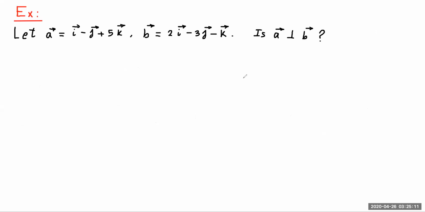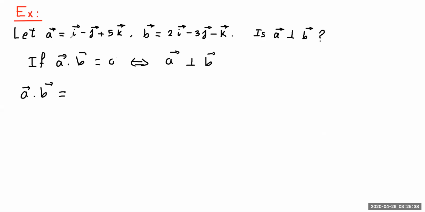The last exercise: let A be i minus j plus 5k and B be 2i minus 3j minus k. Is A orthogonal to B? If the inner product is 0, then they are orthogonal. So let's calculate the inner product.